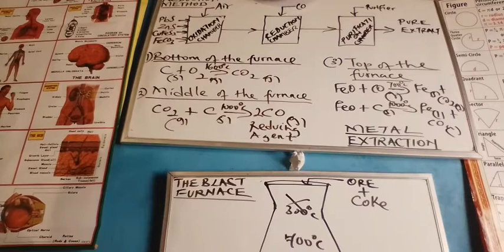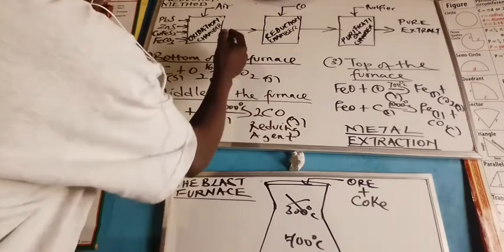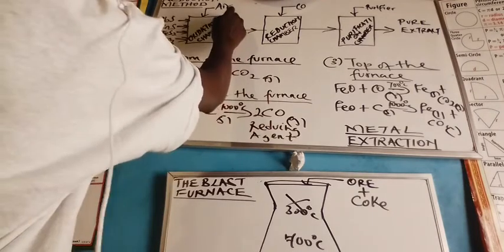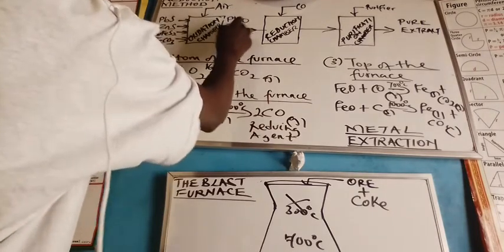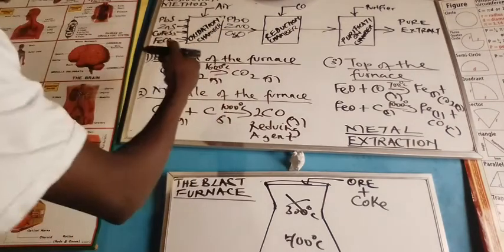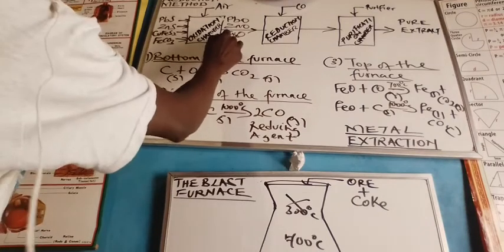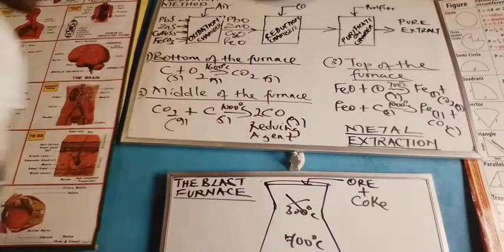Now, for all reduction processes, there are 3 distinct steps, but there are 2 core steps which involve oxidation and then reduction. During oxidation, each metal ore is roasted in air, and that roasting process leads to the formation of respective metal oxide, namely lead oxide, zinc oxide, copper oxide, copper 2 oxide, in fact, that will be copper 1 oxide, and then also iron 2 oxide.